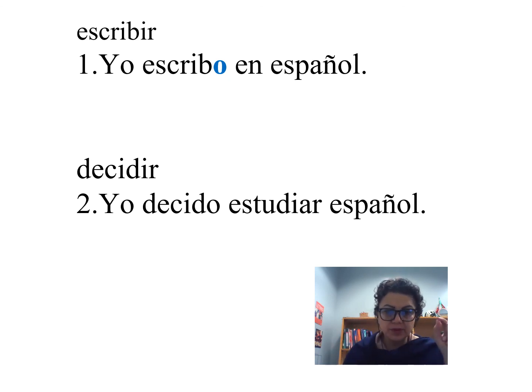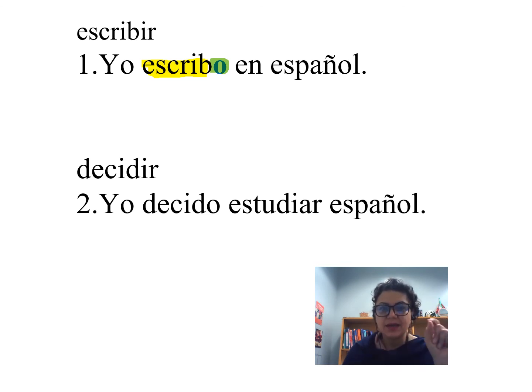It is very important that you know how to write sentences, because knowing just the verbs by themselves is not helpful. You need to remember that we have the subject, yo, who does the action, followed by the conjugated verb, escribo, and the rest of the sentence where it explains the verb, right? Yo escribo en español.